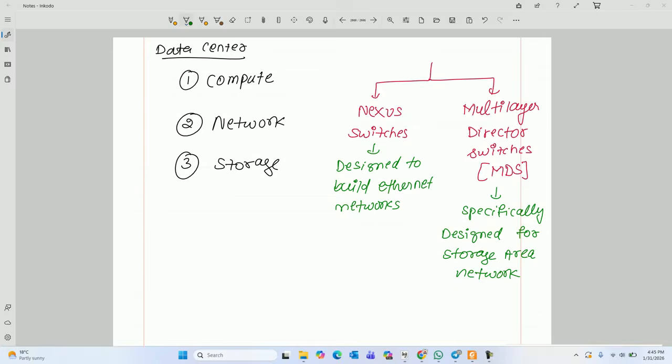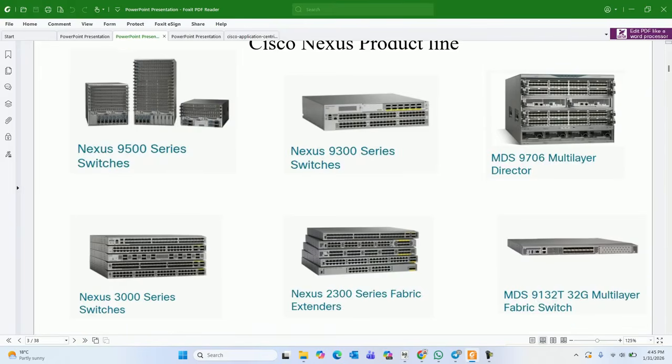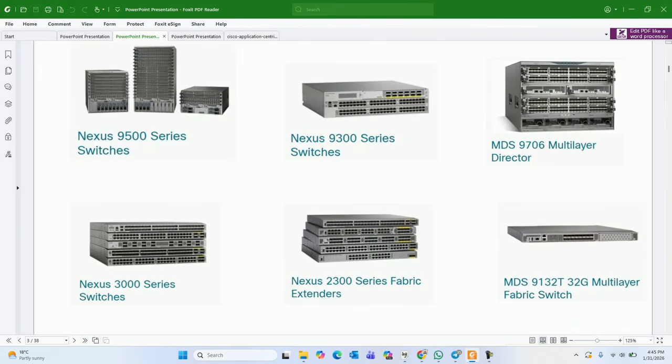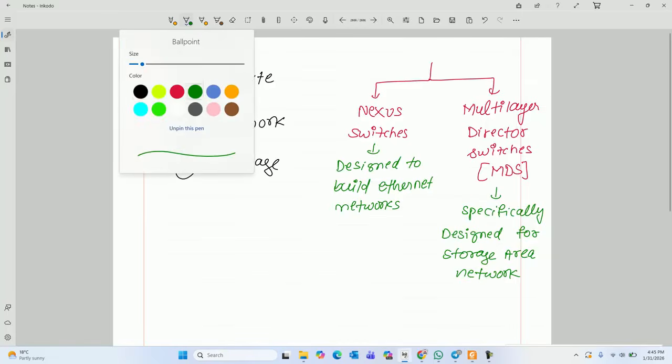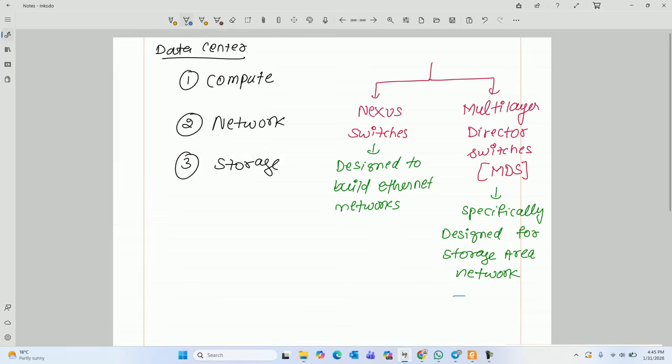Okay, make sense? By the way, it's not our cup of tea, and we are not supposed to discuss this in detail, but in the storage area network we use a protocol known as fiber channel. And the addressing is also different. We don't use MAC addresses in the storage area network.